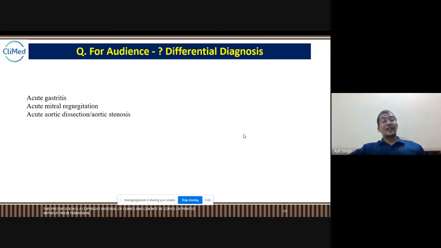Another thing is acute aortic dissection or aortic stenosis. That can be found out, not completely, not 100%, but it could be found out in the echocardiogram.